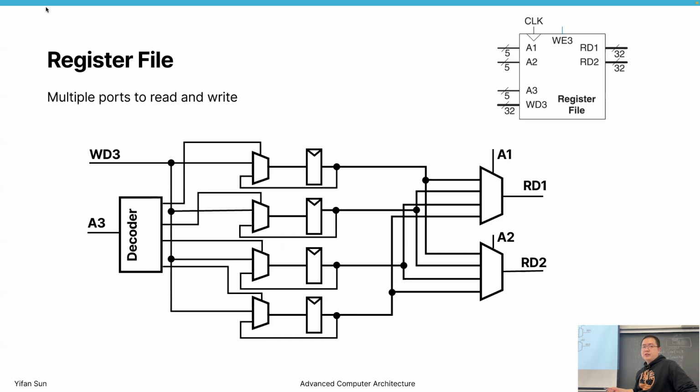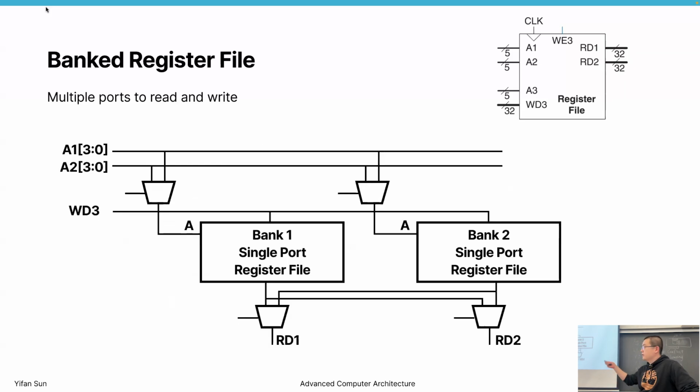GPUs have many more registers than CPUs, so GPUs are more likely to implement this style. GPUs are not latency sensitive, so they can wait a little bit. Bank conflict is typically not a super big problem for GPUs, but for CPUs, latency is very sensitive. But I wouldn't rule out some CPUs wanting to use a banked design if they have a lot of registers.